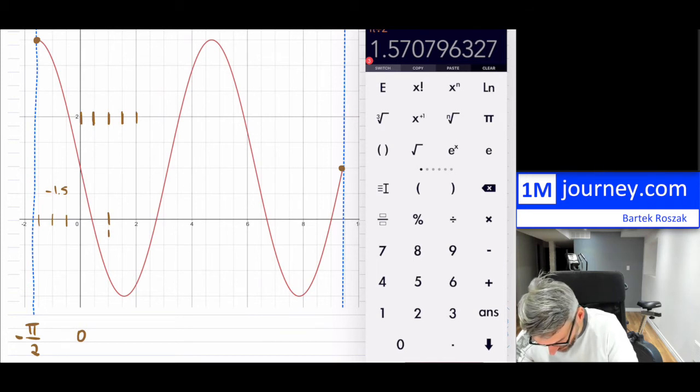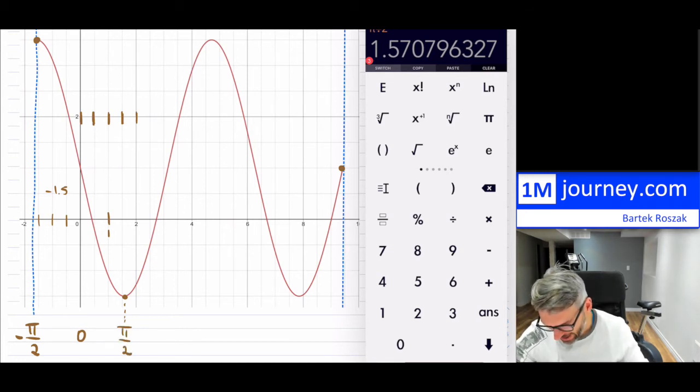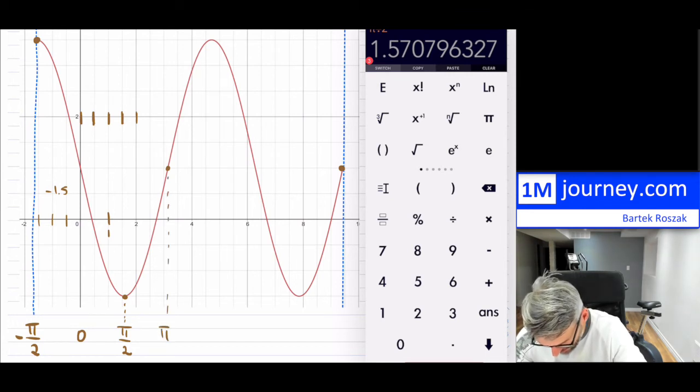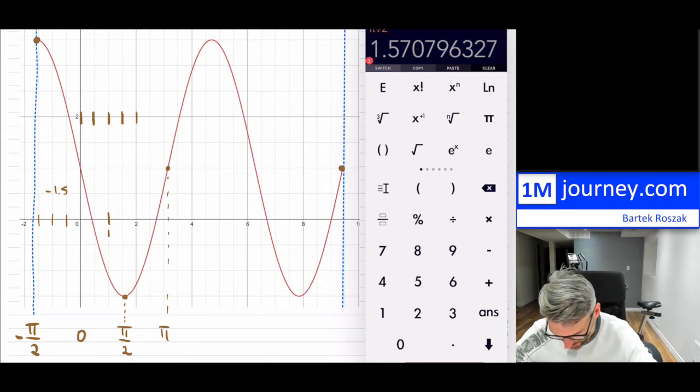So this peak right here would have been pi over 2. And that makes sense, right? This would have been pi somewhere there. Okay, we're on track here.